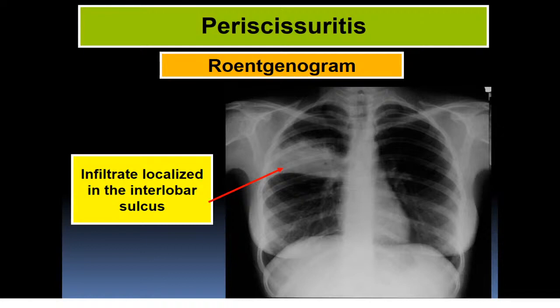Therefore, one border of this infiltrate is not regular. The other border is regular because it is limited by the visceral pleura, limited by the fissure.